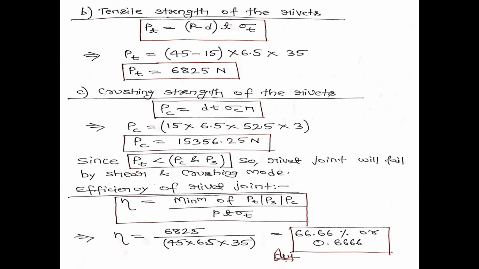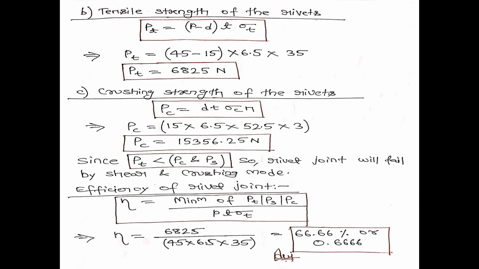Since PT is lesser than that of PC and PS, I can say that the rivet joint will fail by tensile mode as compared to shear and crushing.